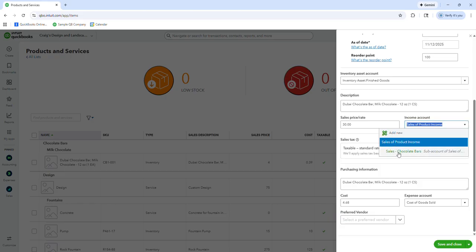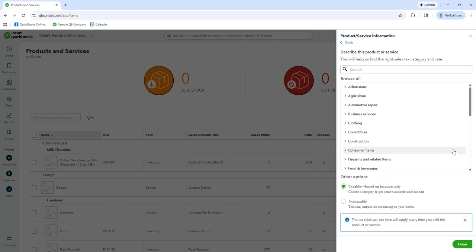The income, it's still going to be the same product line, chocolate bars. COGS, also chocolate bars. Now, when it comes to the taxability, when setting up for the case quantity, if I'm selling to a retailer, like if that retailer is Target, Costco, or Walmart, there will be a reseller.